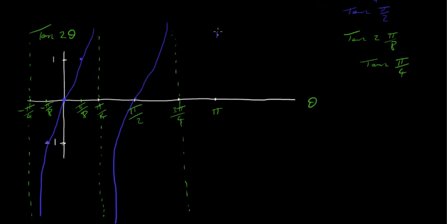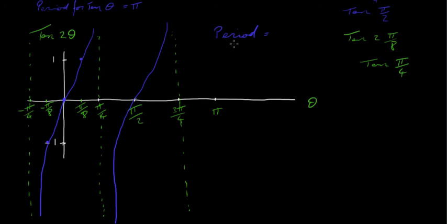So what did we end up with? We ended up with a period of, remember this was 2 theta this time, so our original period for the tan of theta was pi.